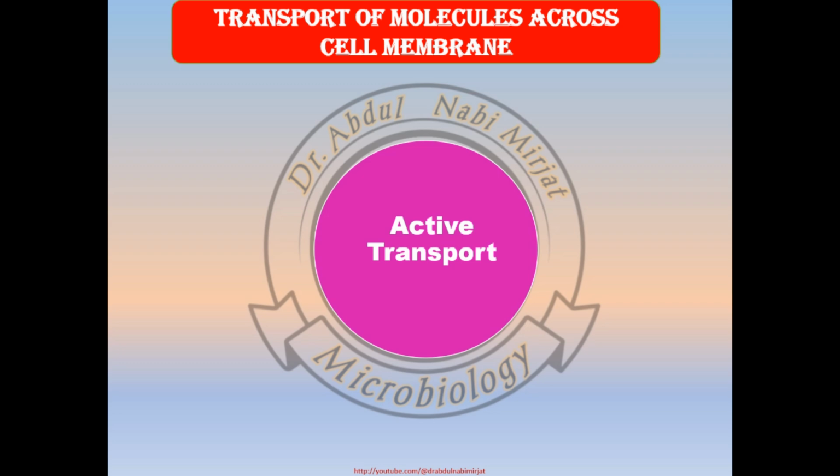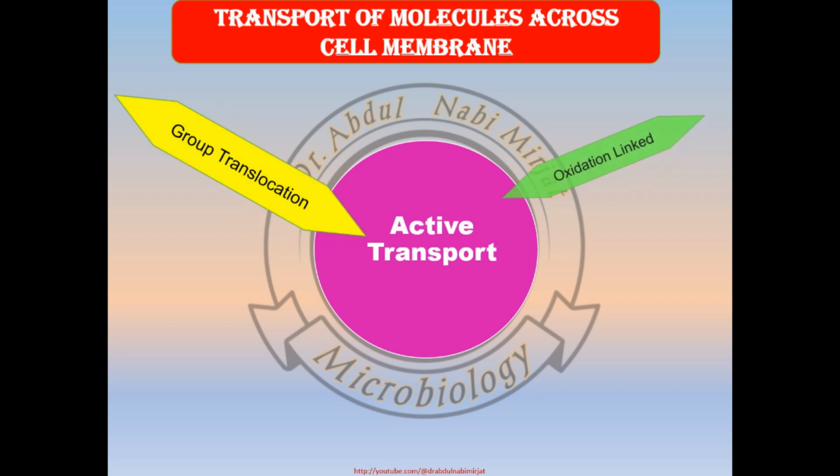Now active transport. This type of transport shows movement of molecules across the membrane into or out of a cell with the help of energy. This type of movement requires energy, or simply transport of molecules from low concentration to higher concentration. It is divided into two types: group translocation and oxidation linked transport.